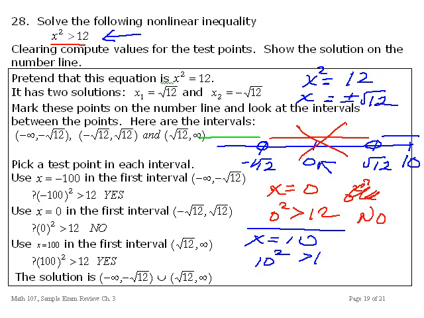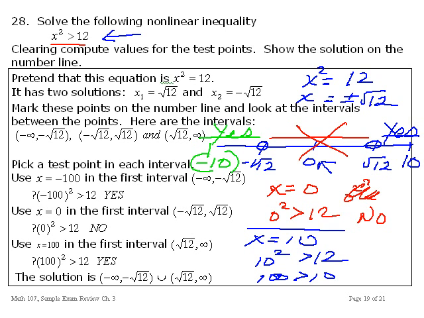Is it greater than 12? Yes. 100 is greater than 12. That means this whole region is a yes. And actually, it's going to be either the inside region or both outside regions, for reasons I'm not discussing. But to be thorough, go over to this region and pick minus 10, and you'll get the same results. It turns out to be a yes.